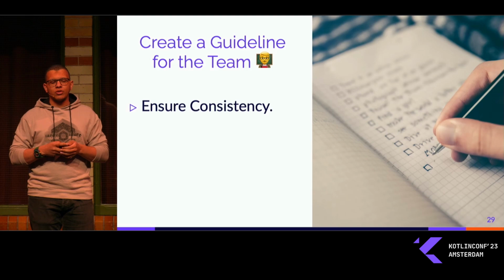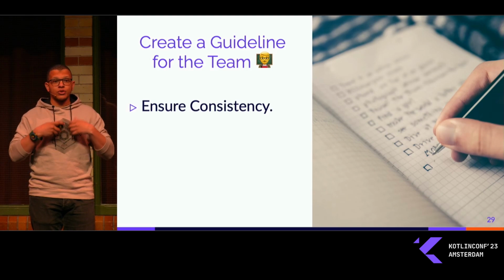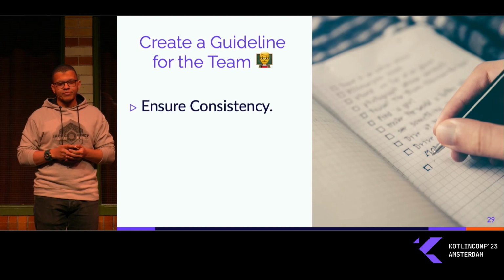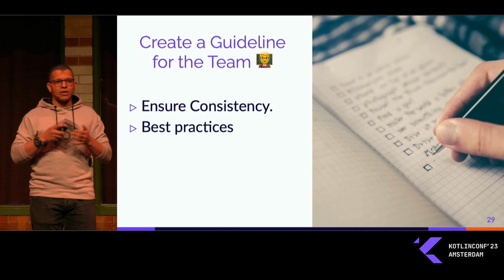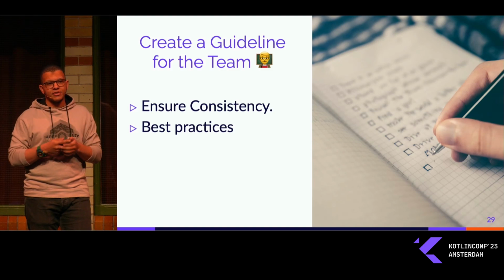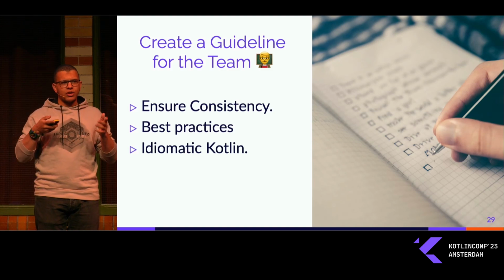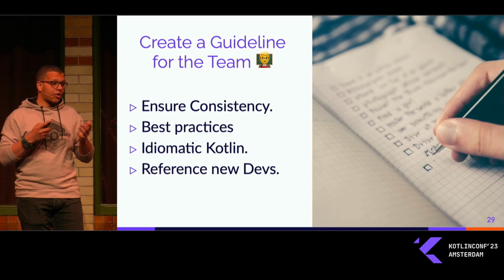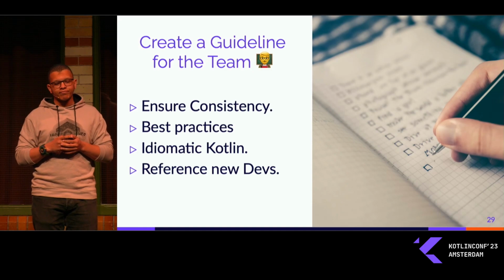It will help us ensure consistency in the written Kotlin code across the code base. Not only that, you can put there the best practices you like in your context and your team. You can also share the idiomatic Kotlin stuff you would like. And of course, this will be a great reference for new developers.